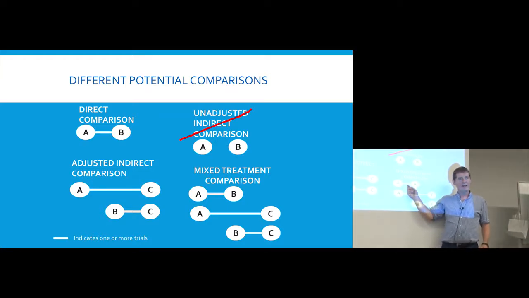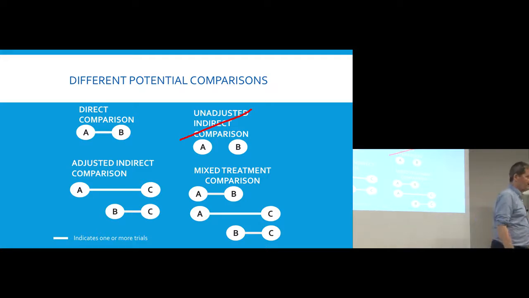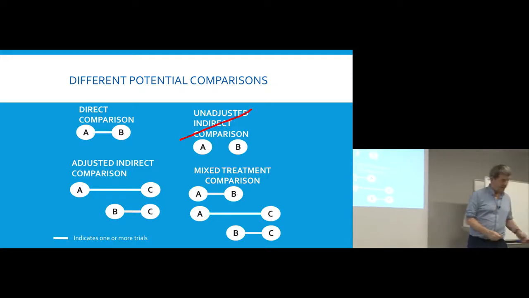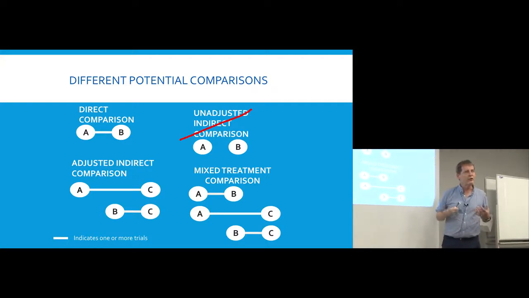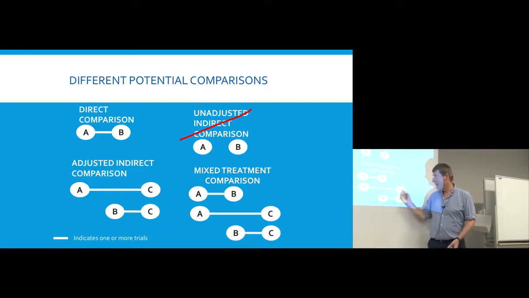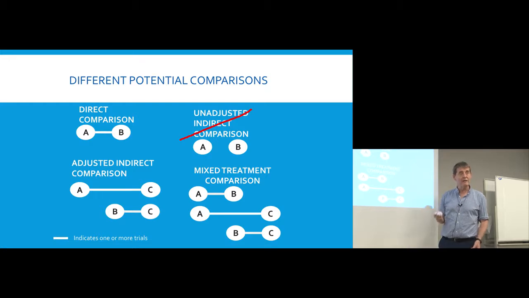if you've got a direct comparison, why would you look at this other data? It was a direct comparison A-B that you needed. The health economists and some others say that you should always use all the evidence you've got available. And the AC-BC comparisons are also relevant evidence.